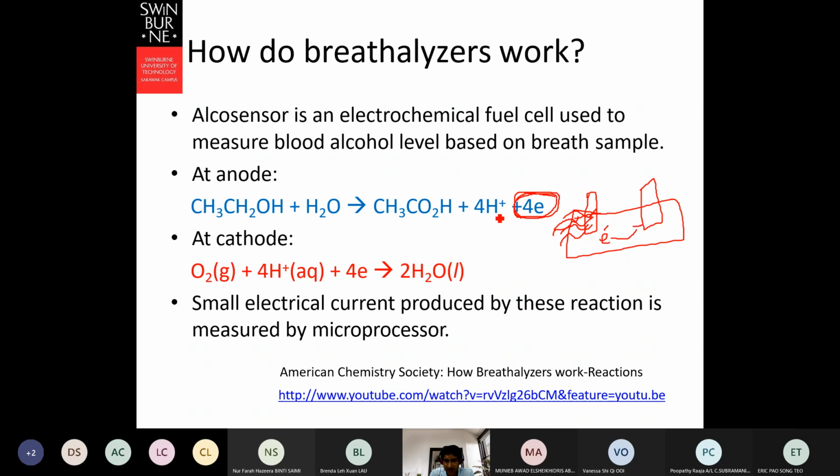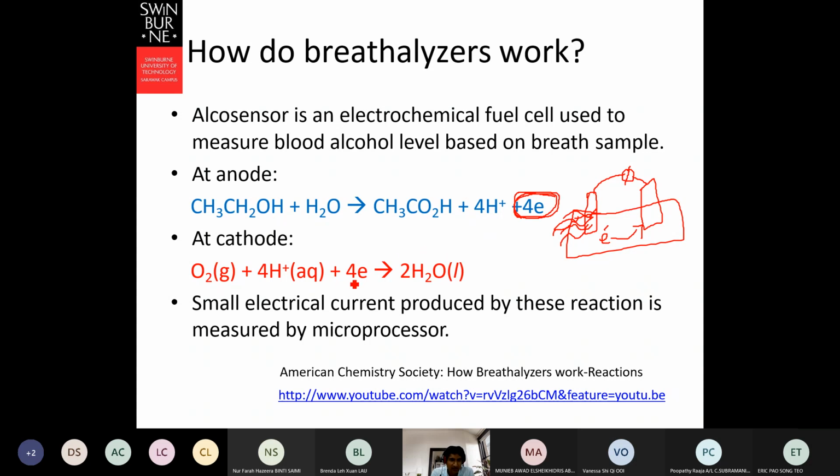These electrons are taken up by this cathode. When they are taken up by this cathode, only then is the circuit closed, or the circuit is completed. So it gives a reading, depending on how many electrons it produces or can absorb.